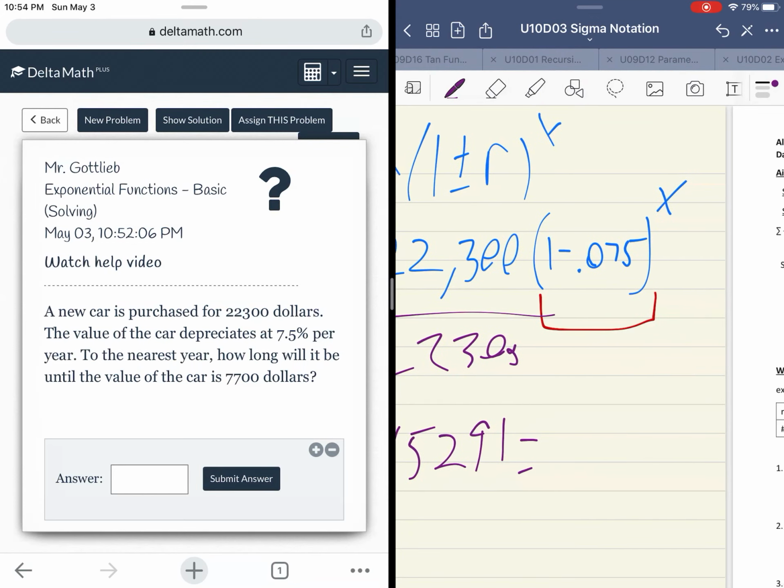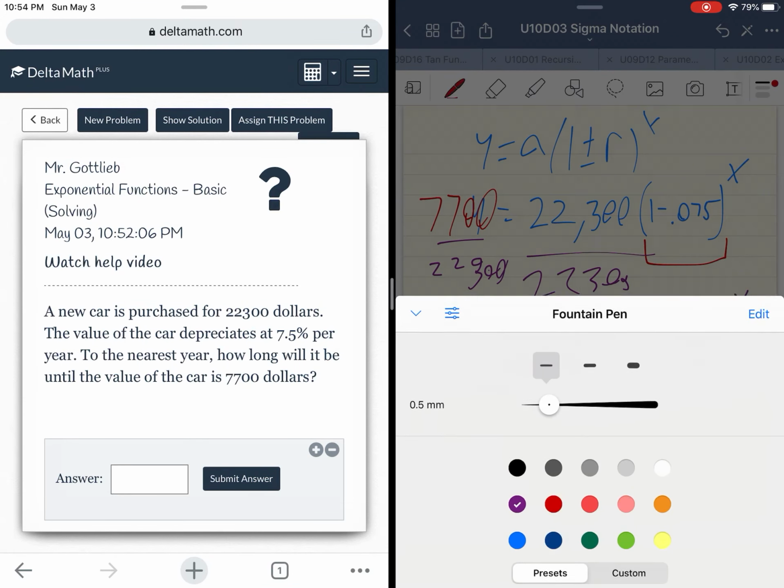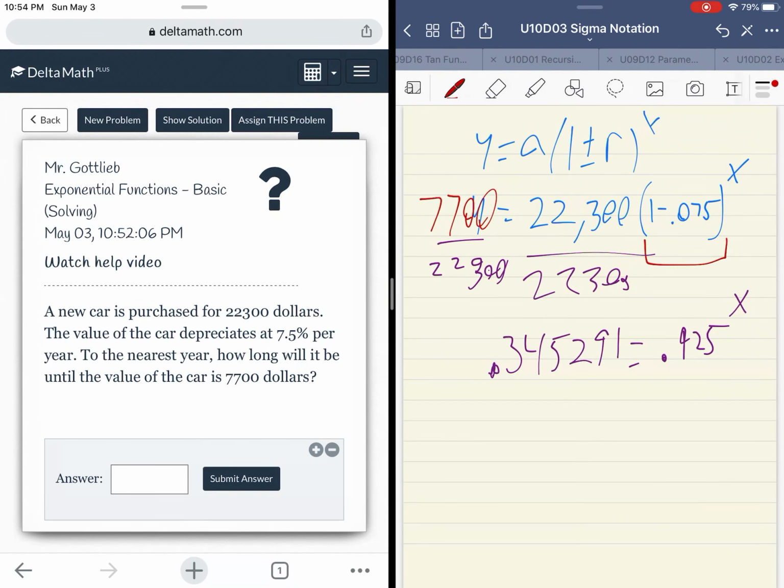So this is equal to 1 minus 0.075. Well, if we take away 7.5%, that should be remaining 92.5%, to the x power.